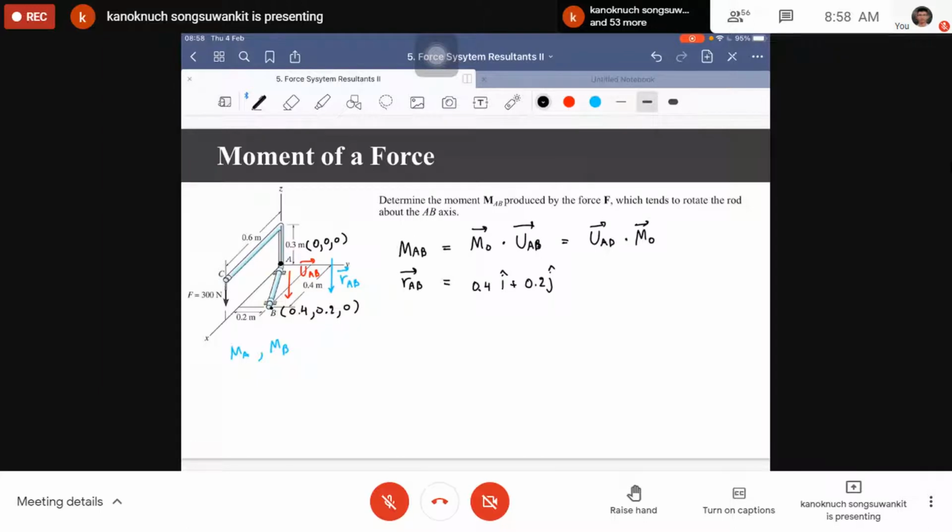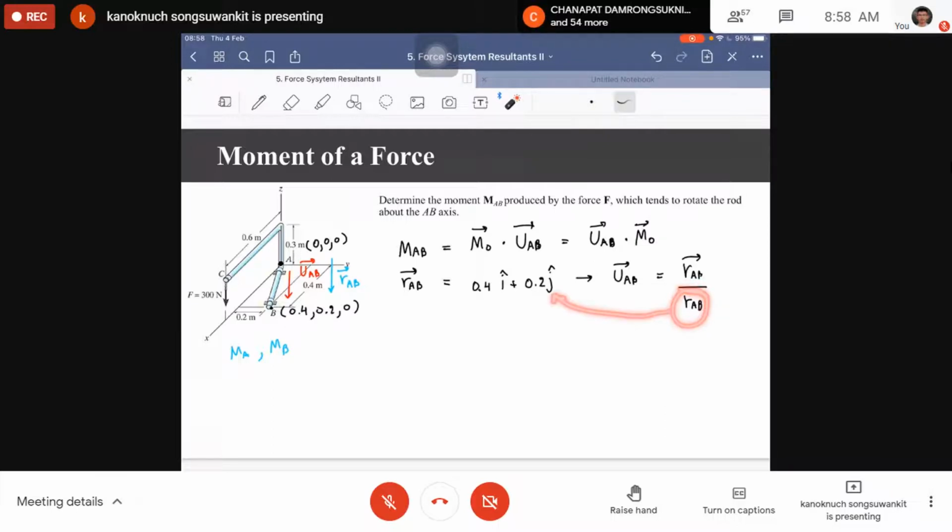And from this position vector, we can find the unit vector UAB, that is equal to vector RAB divided by the magnitude of RAB. Okay, so how can we find the magnitude? Do you remember from the second class?